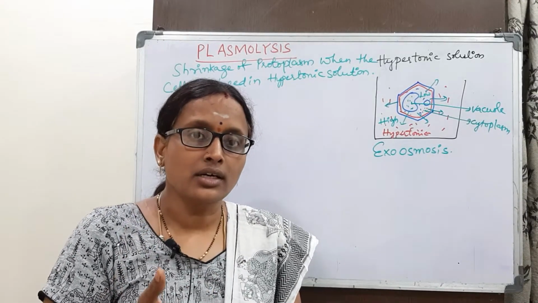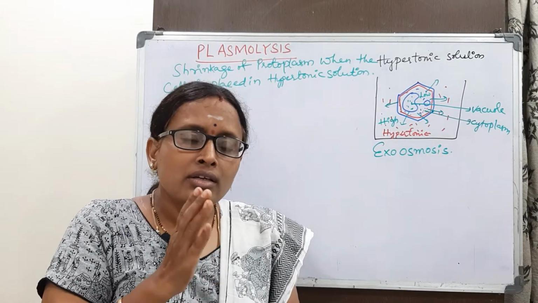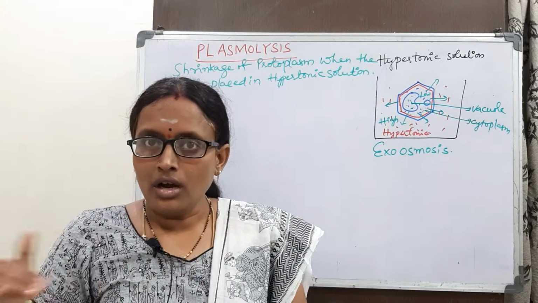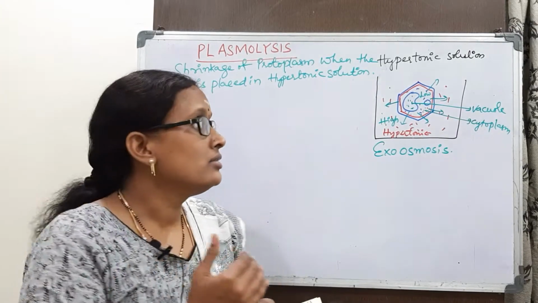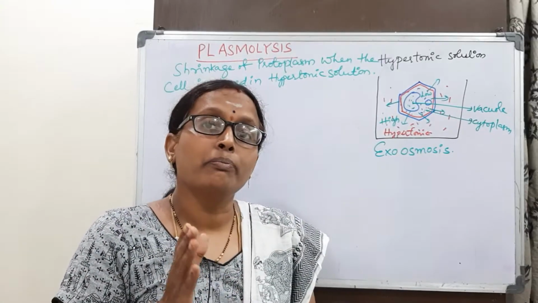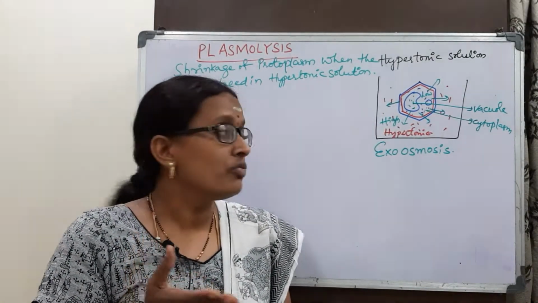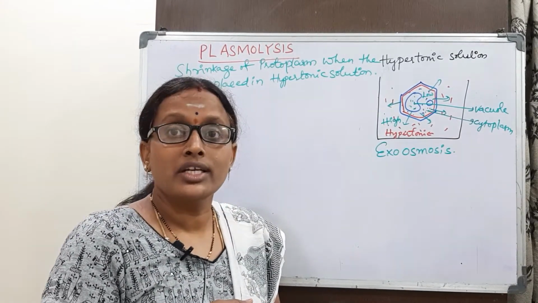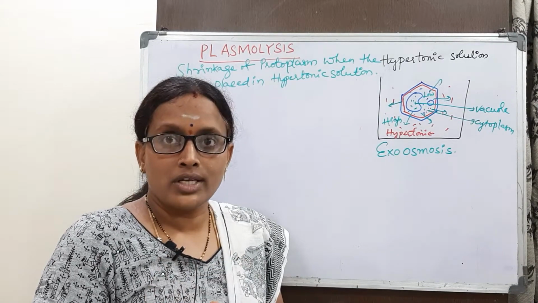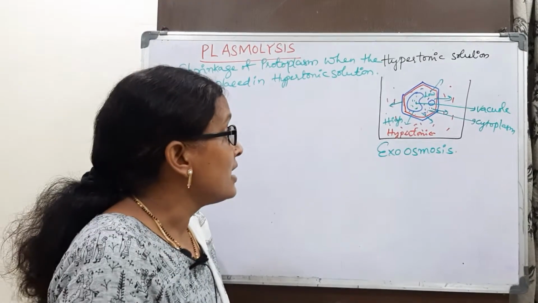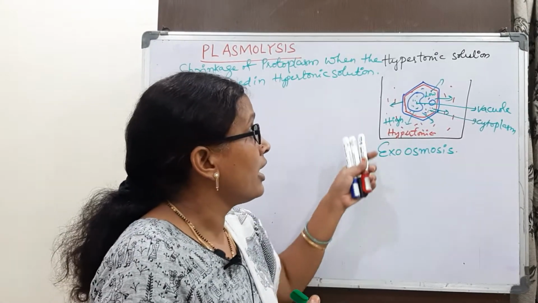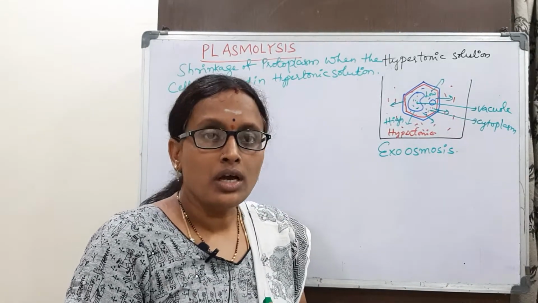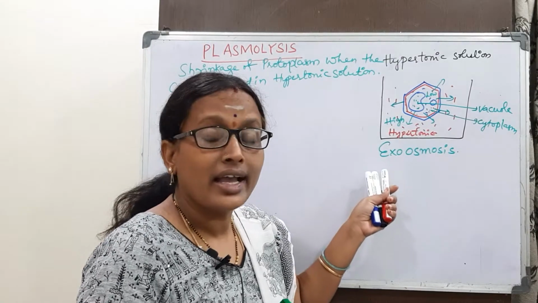That indicates that it is losing some water from inside to the outside environment. Like that, when a cell faces a hypertonic solution, the water will come outside to the environment.